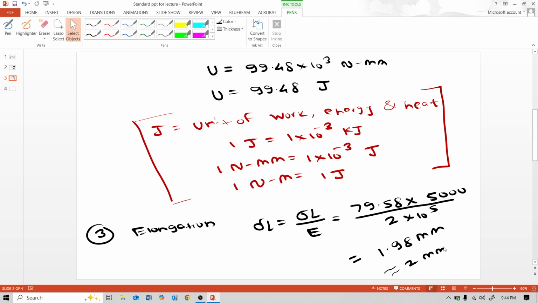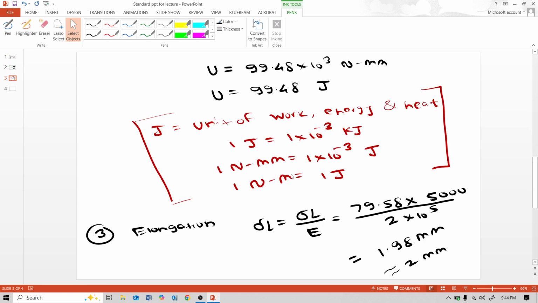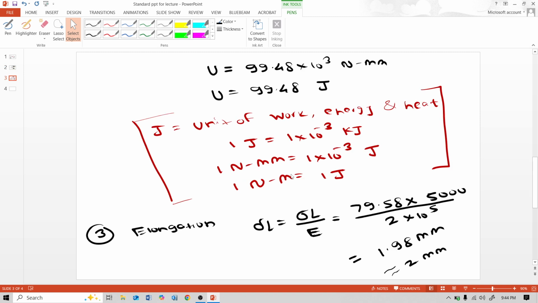So that means due to this 50 kilonewton suddenly applied load, this steel rod elongates 2 mm, and the work done on this steel rod is 99.48 joule.